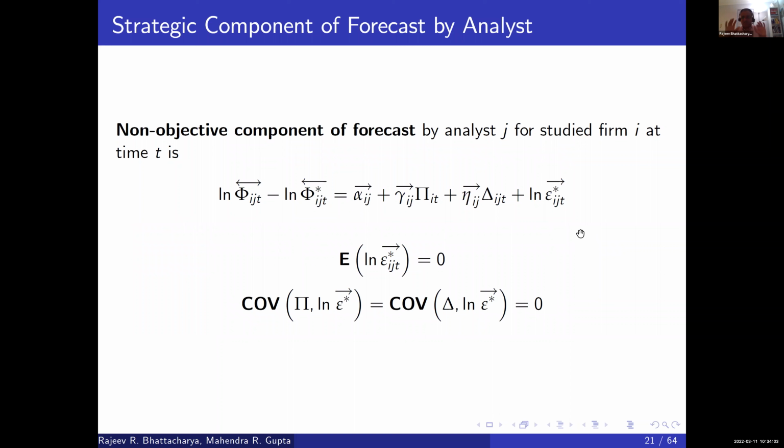Now, once again, this is the strategic component. So the non-objective component is the difference between log of VIJT double arrow minus its best estimate.